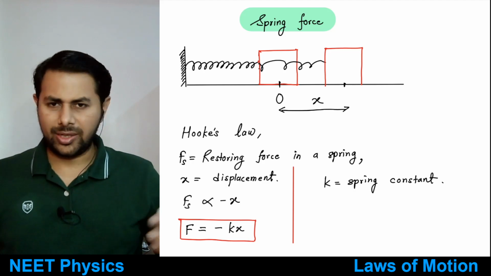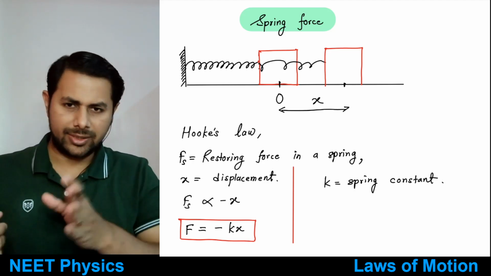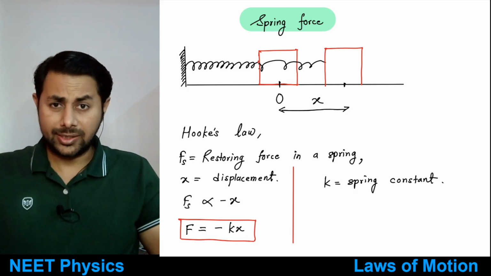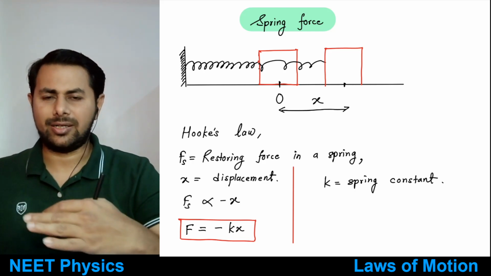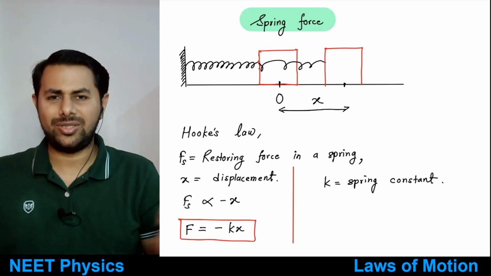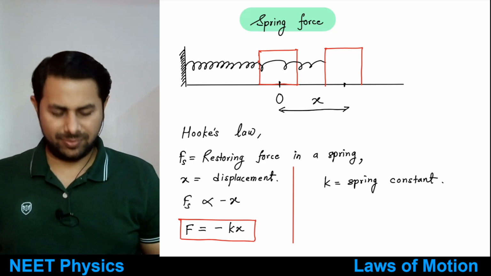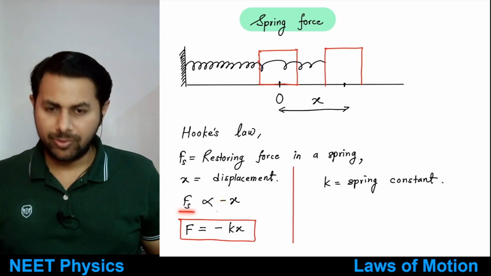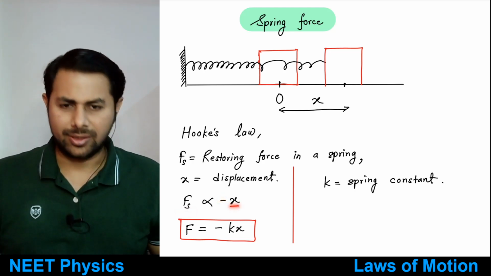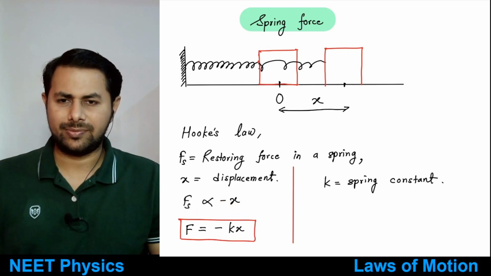If displacement is towards right, that means you are increasing the length, so force will be towards left. It wants to restore the length. That's why the spring force acts in the opposite direction of the displacement.